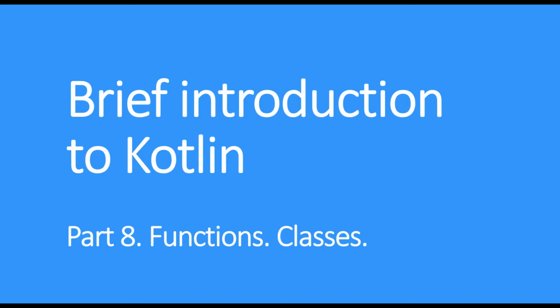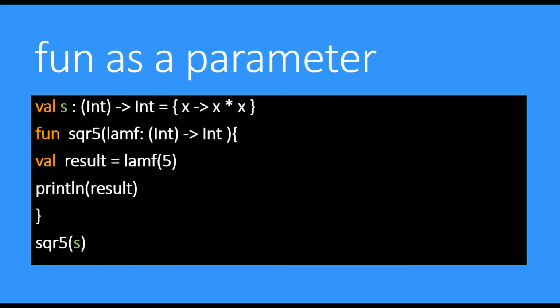This is part 8. In this video, I will continue to talk about functions and then I will introduce Kotlin classes. Here we continue to talk about functions, exactly higher order functions.